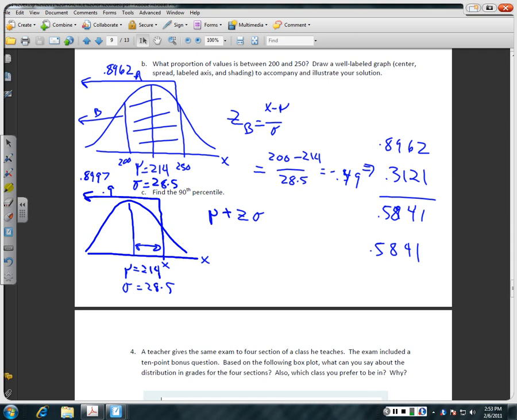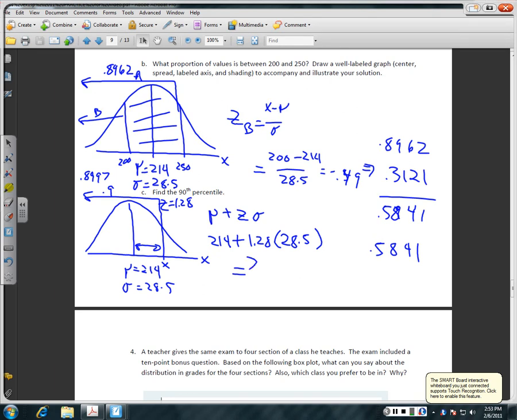So the z value is 1.28. So this point x is the mean, 214, plus 1.28 standard deviations, which is 28.5, and calculating that all out, I got 250.48.